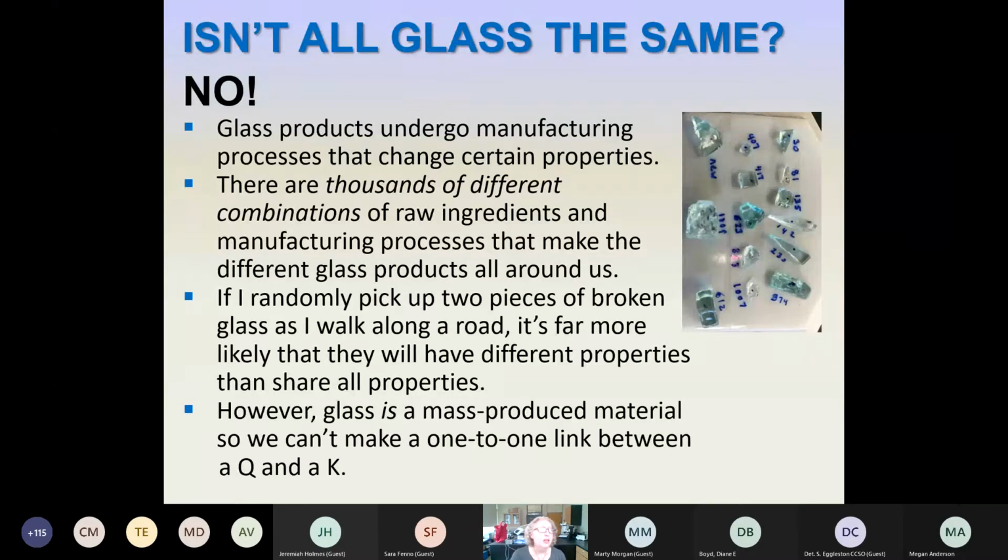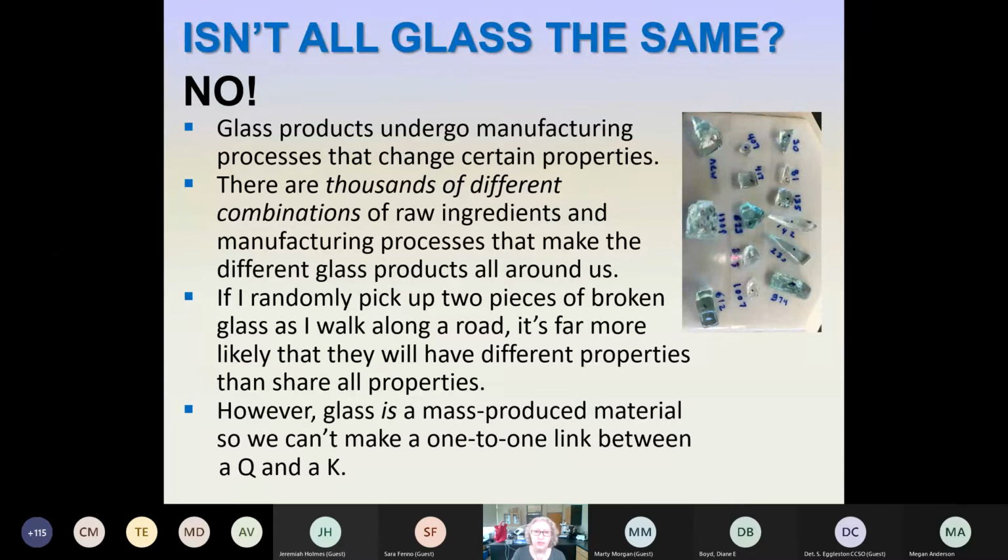So when we talk about how much difference there is in the glass around us, we know that there is a large amount of difference. If I picked up two pieces just randomly going for a mile walk, there's far more likelihood that they're going to have different properties than share all their properties.